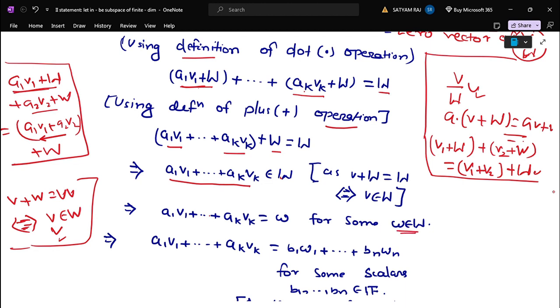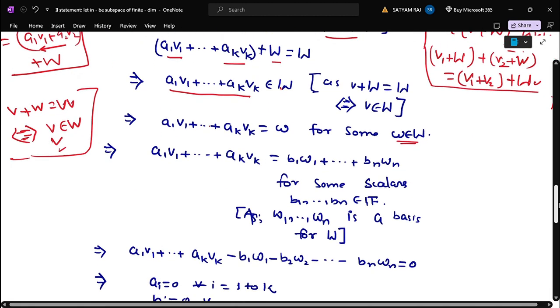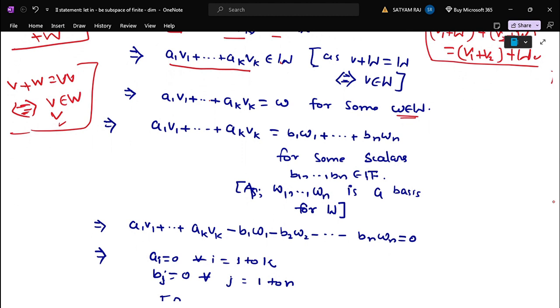Now, since this is an element of W, this can be written as b1w1 + ... + bnwn for some scalars b1, ..., bn from the field, because we have assumed that w1, w2, ..., wn is a basis for W. Any vector can be written as a linear combination of basis elements, so this w can be written as b1w1 + ... + bnwn.